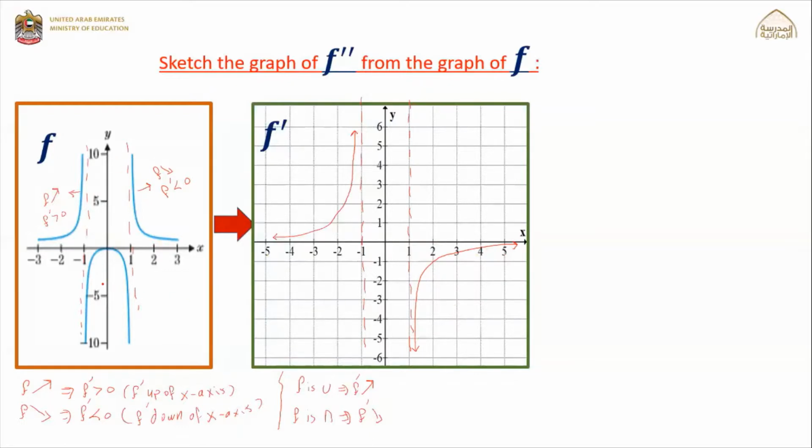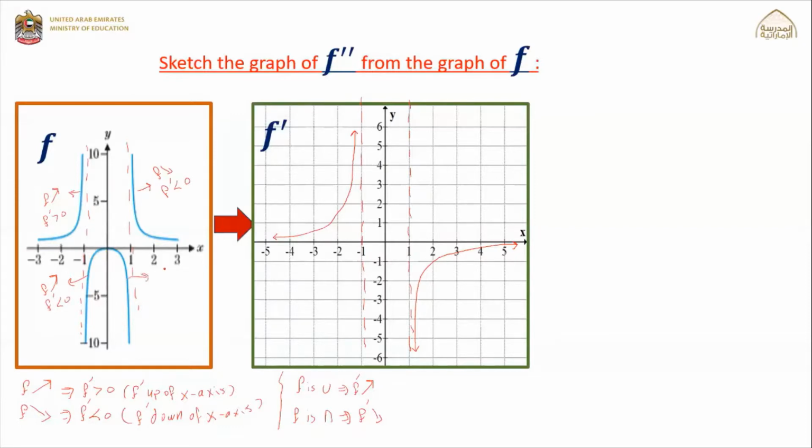Now, what about the interval from minus 1 to 1? From minus 1 to 1, I have two things about f. From minus 1 to 0, this part, f is increasing. So f prime, sorry, here f prime is greater than 0, not less than, because f is increasing.